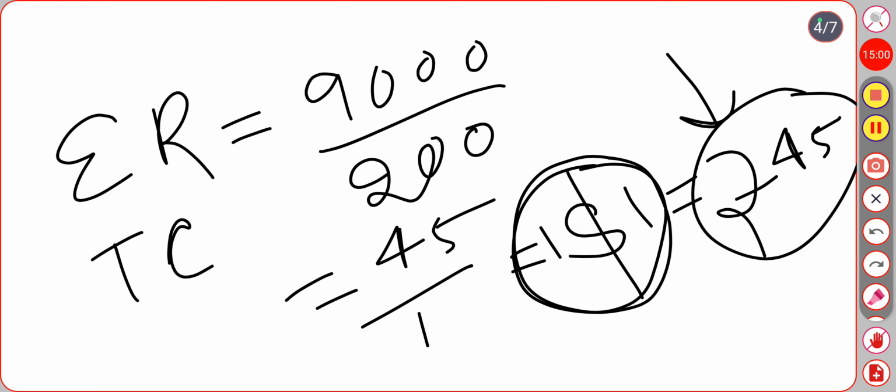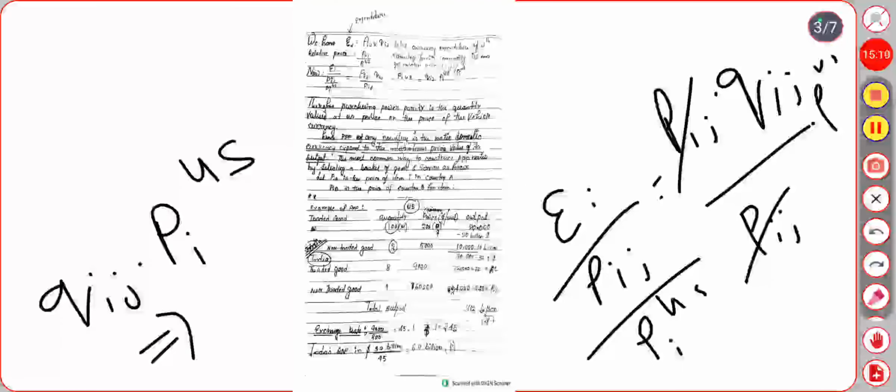So now we can calculate GDP. GDP in India in dollars: we are calculating Indian GDP in dollars.